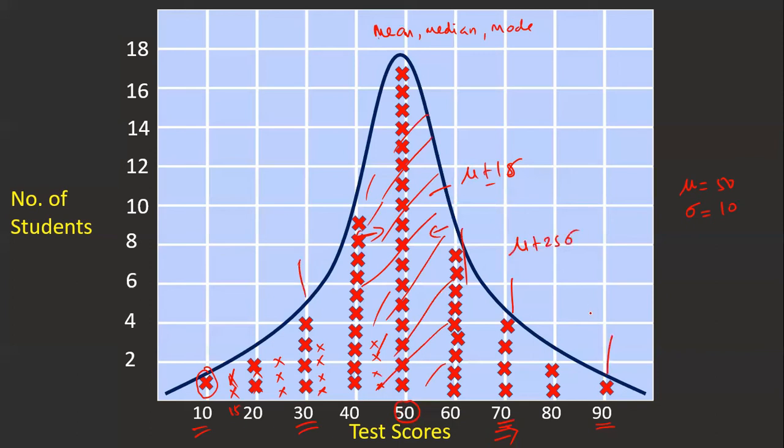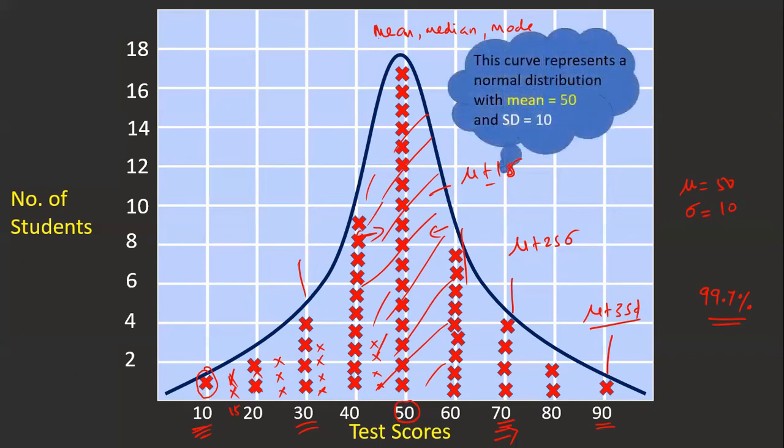Then the last one is mu plus or minus 3 standard deviations. So this implies that students got marks from 10 to 90. How many students got the marks? It is 99.7% of the students who got marks ranging from 10 to 90. I'm going to show it diagrammatically with the same example here. This is what the curve is.